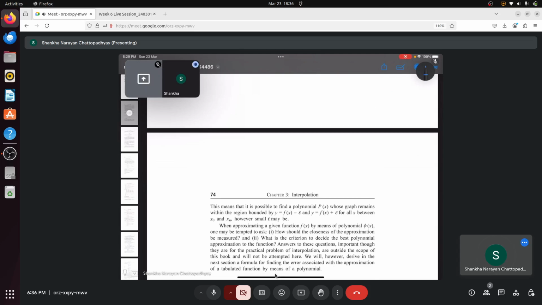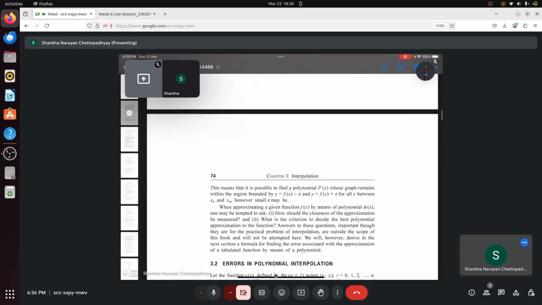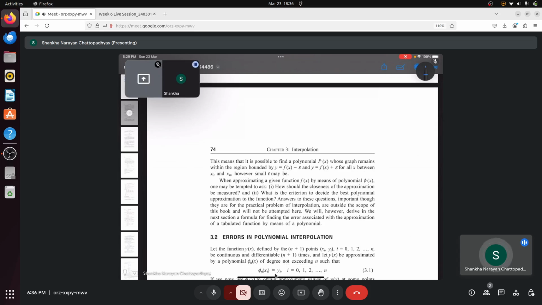That means it is possible to find a polynomial p(x) whose graph remains within the region bounded by y equal to f(x) minus epsilon and y equal to f(x) plus epsilon for all x between x0 and xn, however small epsilon may be.